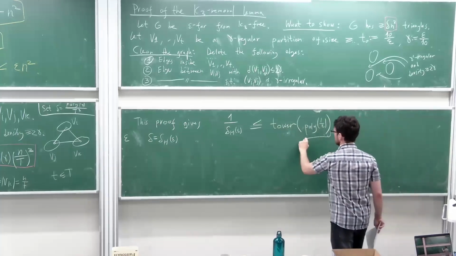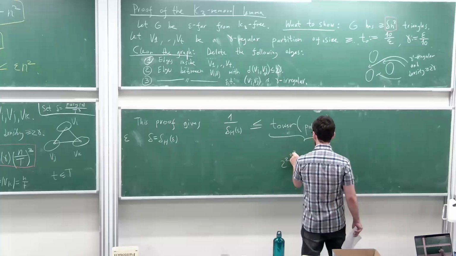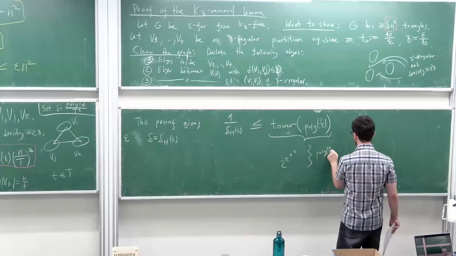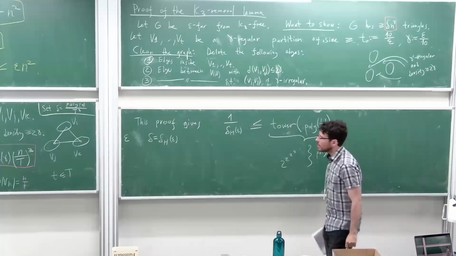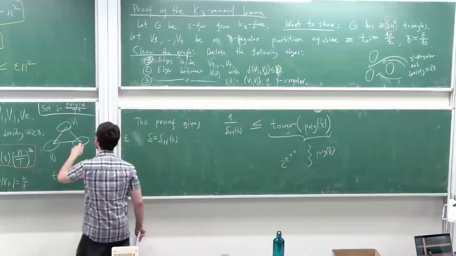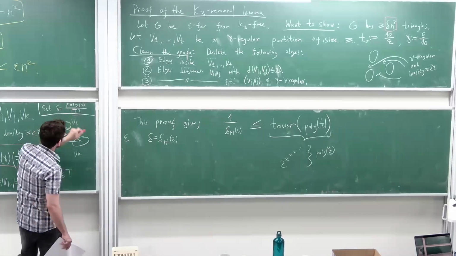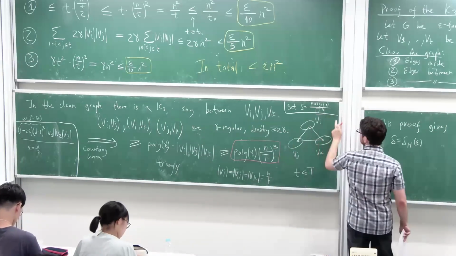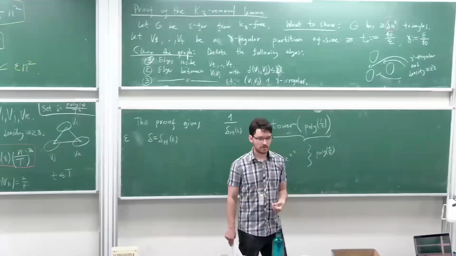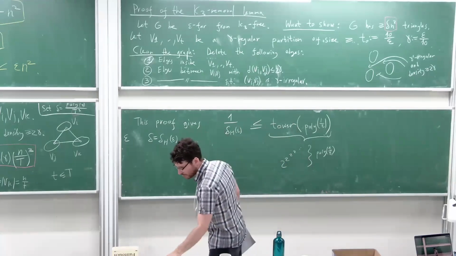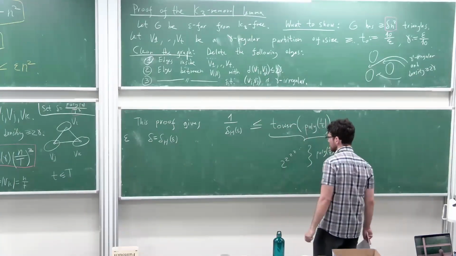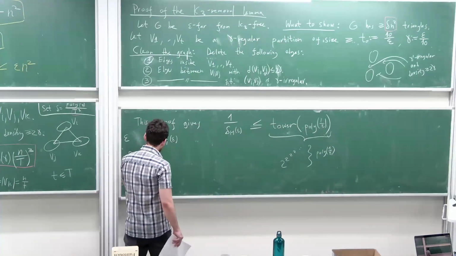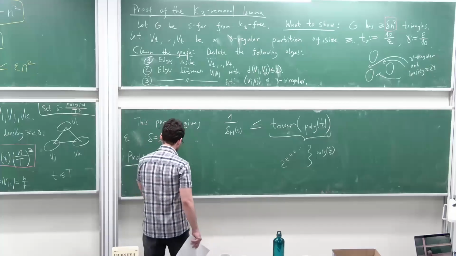Right, so again, this tower function is 2 to the 2 to the and so on, with height polynomial in 1 over epsilon. So why do we get this bound? It's because what really determines the behavior is this capital T. Right, and T comes from the regularity lemma, and we know that T can depend as a tower on the size. Now there is a major problem to improve this.